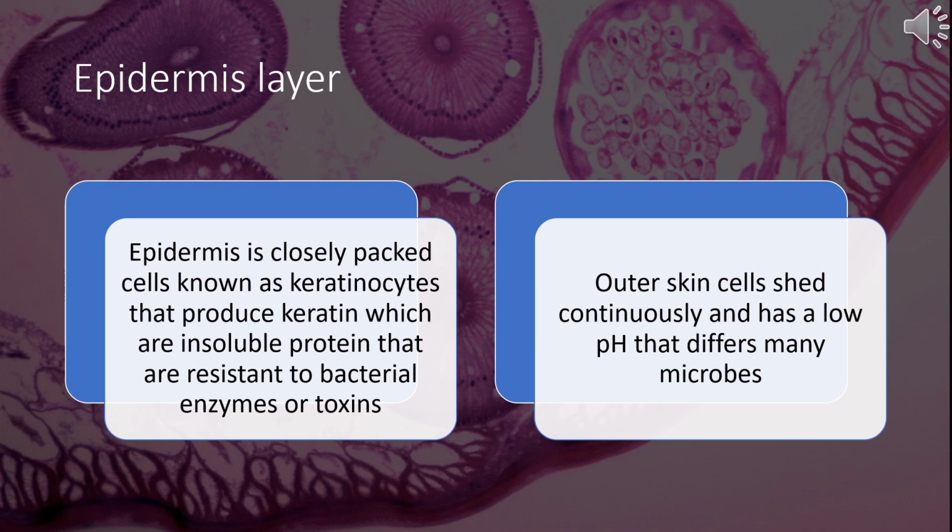Outer skin cells also continuously shed and have a low pH that deters many microbes. Different parts of the body have different pH levels that do this, but what that does is it's very acidic and it deters bacteria from trying to enter.